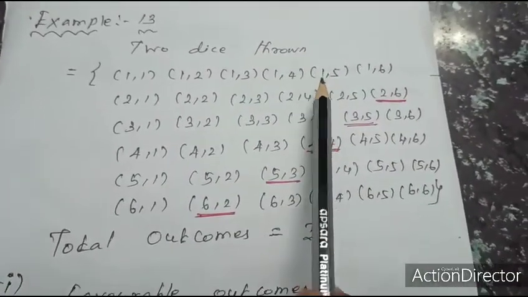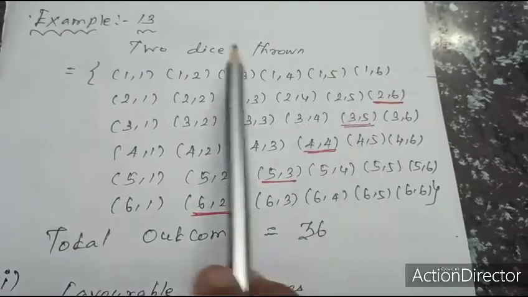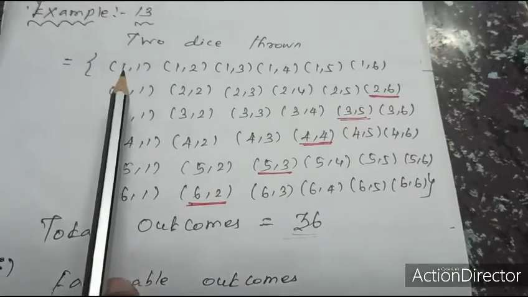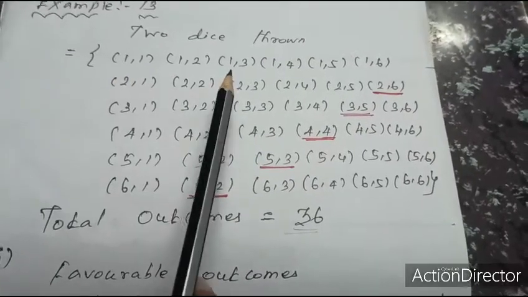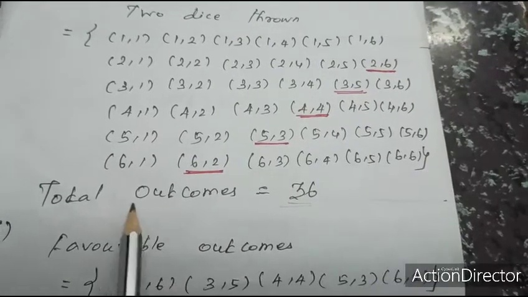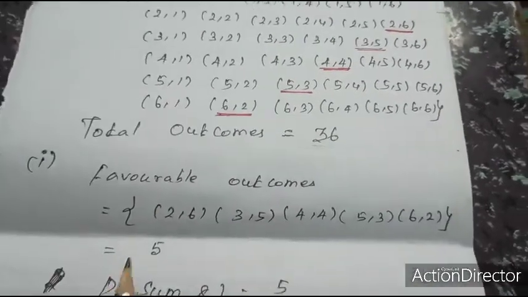Two dice are thrown, therefore the total outcomes are 36: 1,1; 1,2; 1,3; 1,4; and so on up to 6,6. Therefore the total outcomes are 36.